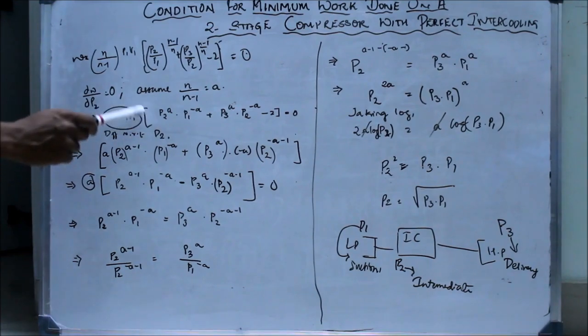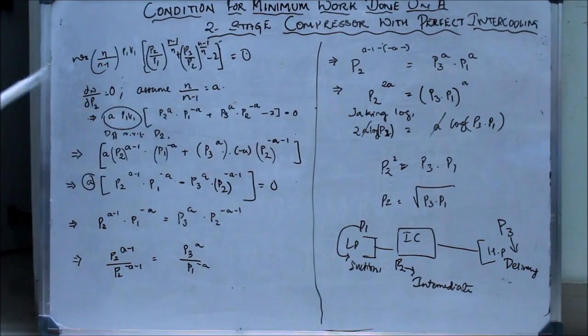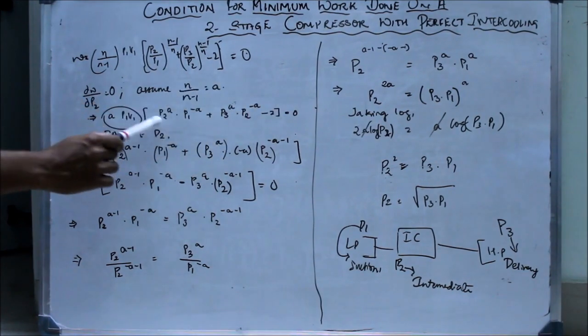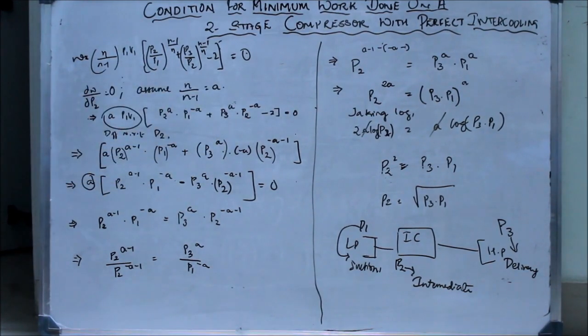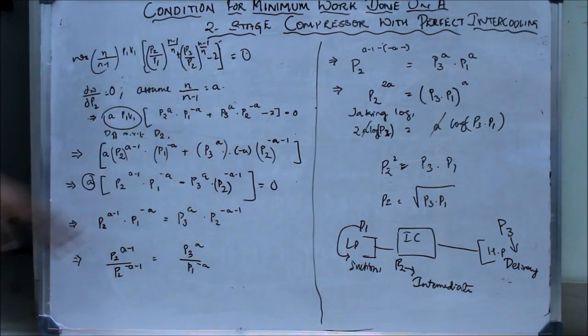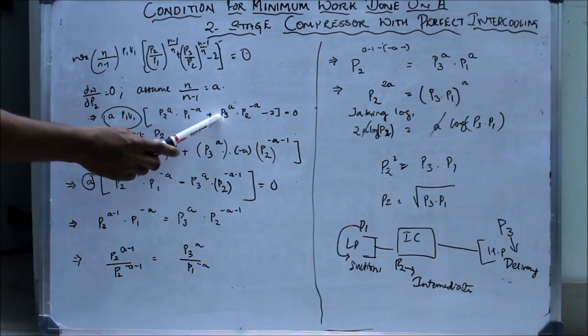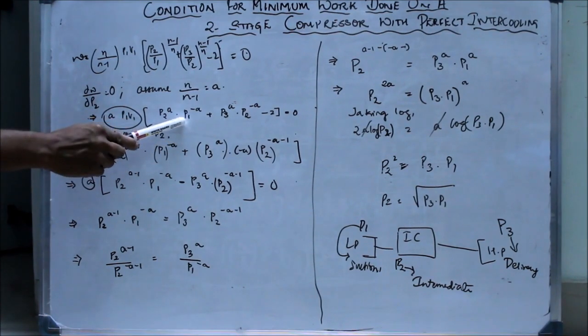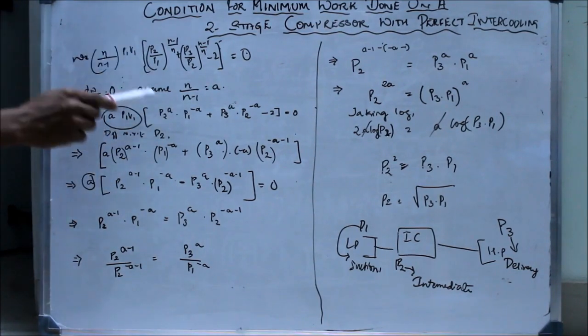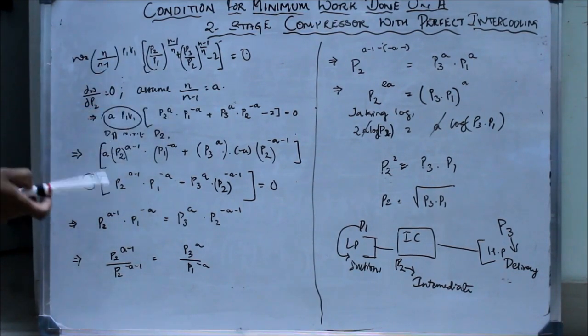So this A into P1 V1 gets divided by 0 and gets cancelled. Now we differentiate this expression with respect to P2. So what do we get? P1 to the power minus A is a constant, and P3 to the power A is a constant, because this is the delivery pressure which remains constant, and this is the suction pressure which remains constant. So we differentiate only the P2 terms.